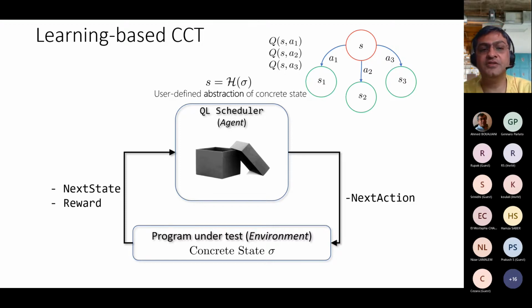Our scheduler is going to implement the Q learning algorithm. The Q learning algorithm learns weights called Q values. There is a Q value associated to every state and action pair. The way to read these weights is the following. When the agent is in a state S, meaning the agent thinks the environment is in state S, and it has three possible choices of actions to take, A1, A2, A3, the agent selects the next action based on these weights.